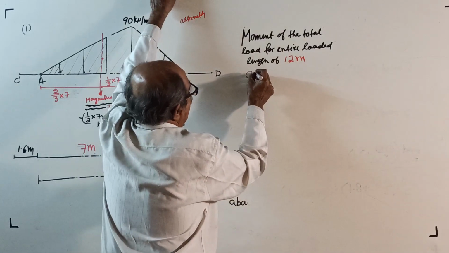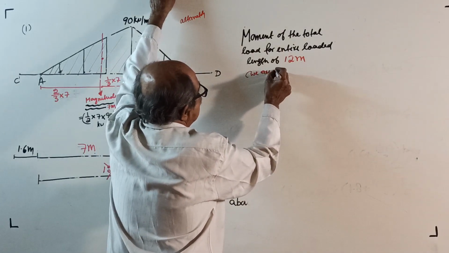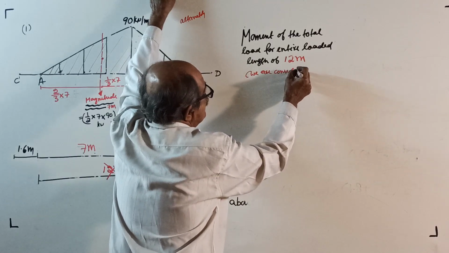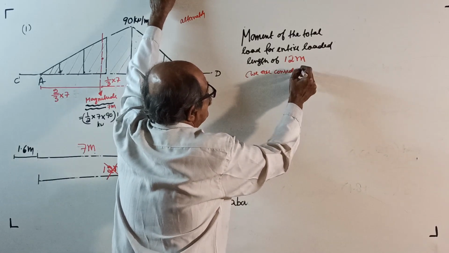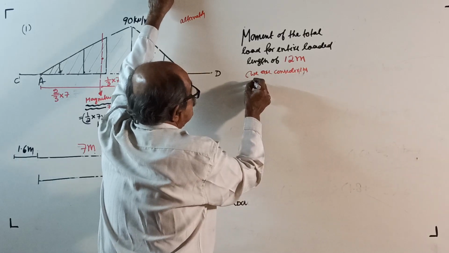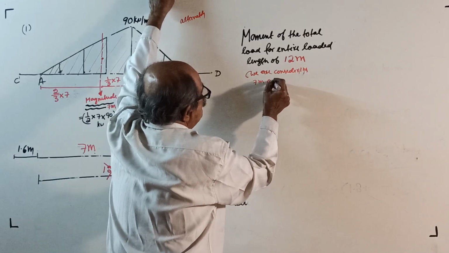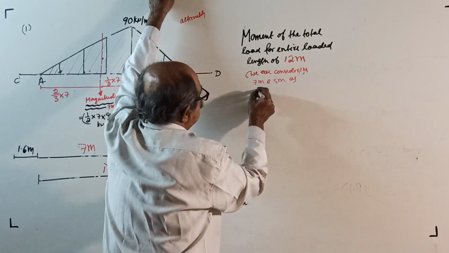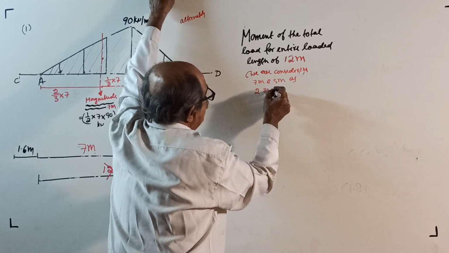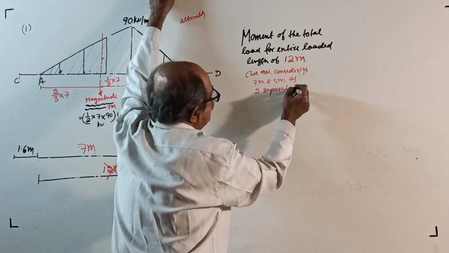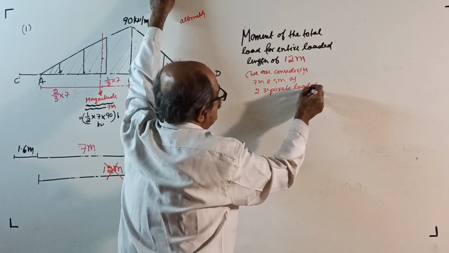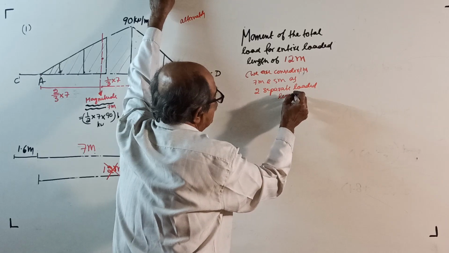Remember, we are considering 7 meter and 5 meter as two separate loaded lengths. Both are right angle triangles.